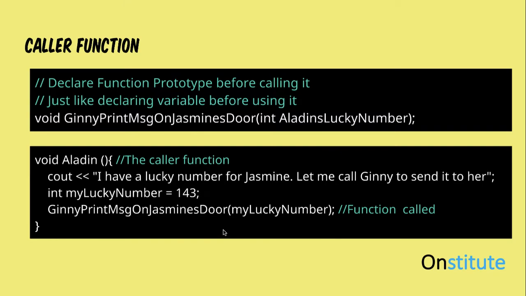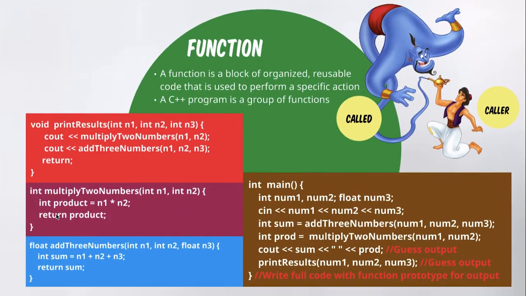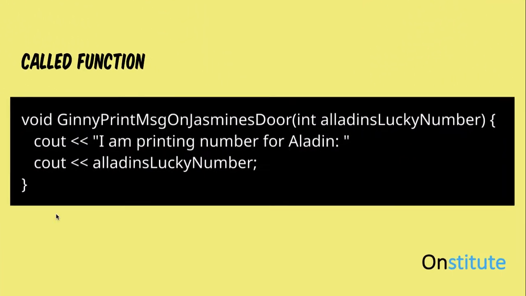Now, as soon as this function is being called, as we have mentioned before, it goes inside the called function. Now, the called function is nothing but a code block, which is enclosed inside opening and closing curly braces. And in this called function, there are two different parts.